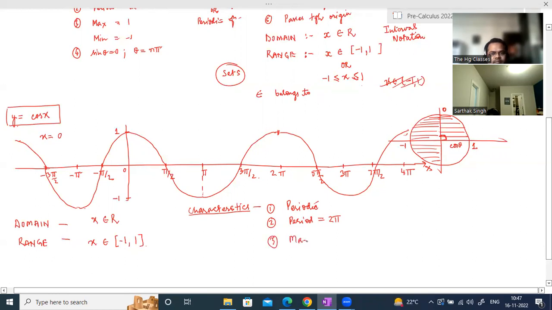Its maximum and minimum are 1 and -1, and it is 0 at every odd multiple of pi by 2, that is, 2n plus 1 times pi by 2. And fifth, it doesn't pass through the origin. And domain and range we have already written.